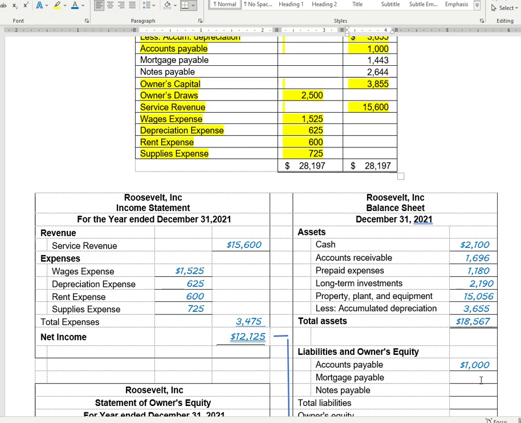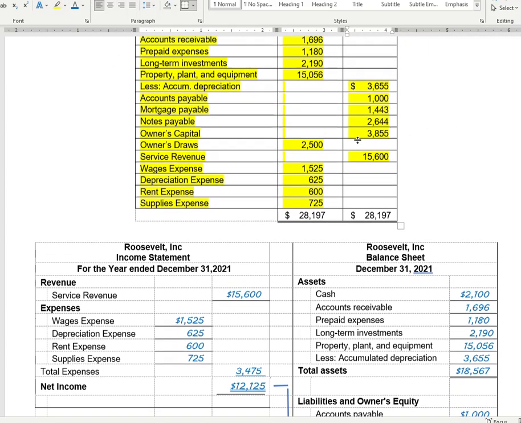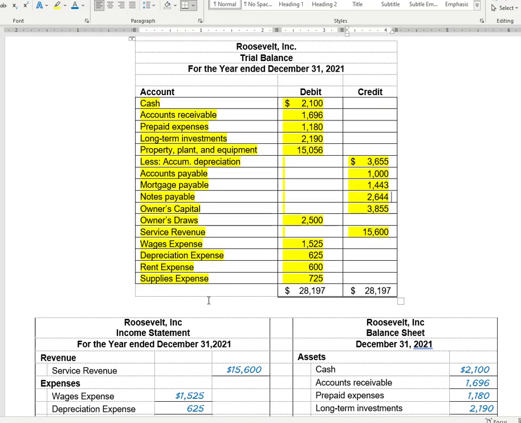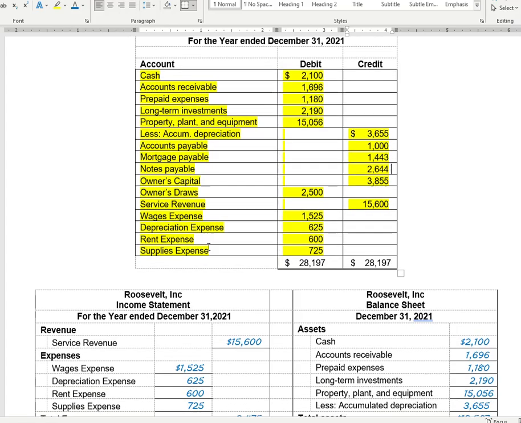Next is our mortgage payable, $1,443. Next is our notes payable for $2,644. Okay, and that's all of the accounts on our trial balance that have been used.